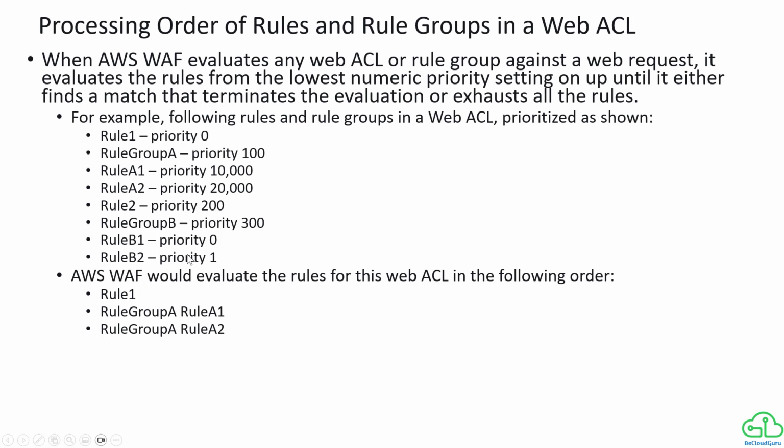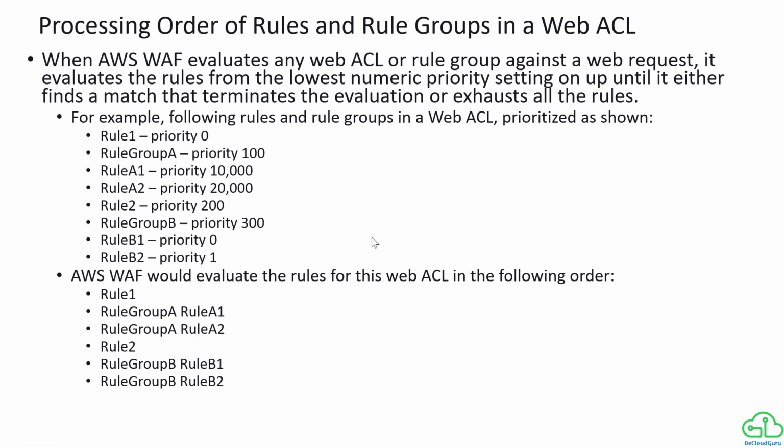Let's say there is still no match, and the next evaluation will happen against rule 2 because it has priority 200. If a match is found, the evaluation stops, else it will move to the further rules, and in this scenario it would be rule group B's rule B1 and then rule B2 based on their priority. So you can see the first priority is given to priority 0, and the next evaluation priority was given to priority 100, and so on. So this is how the rule evaluation will work.